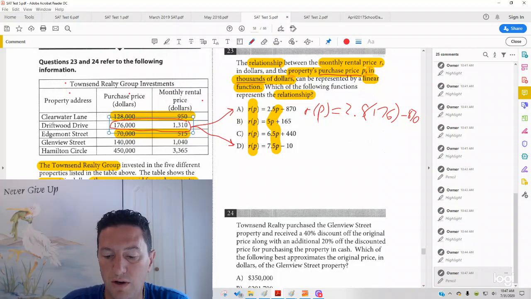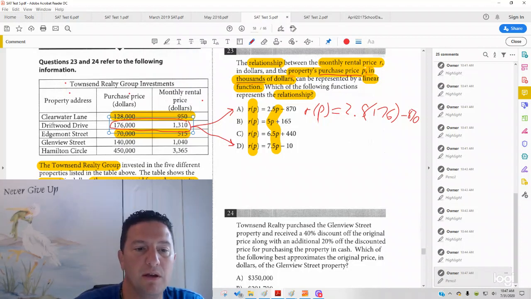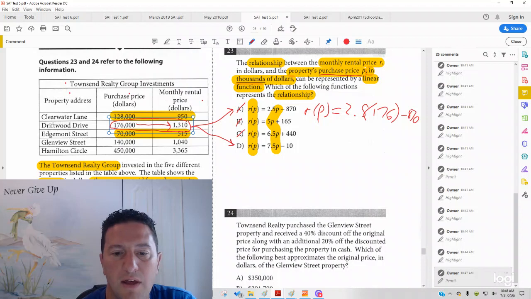So now I do 2.5 times 176 minus 870, and I wind up with negative 430. Well, if I plug 176 in, what I'm looking for is 1310. It doesn't work. And you could eliminate any answer choice that doesn't work, and then if you plug it into answer choice D, you're going to see that that works.